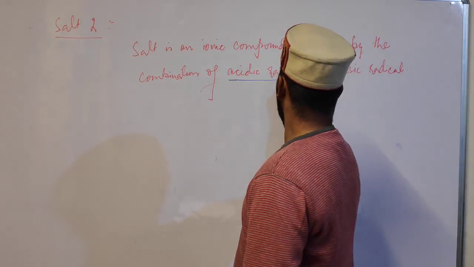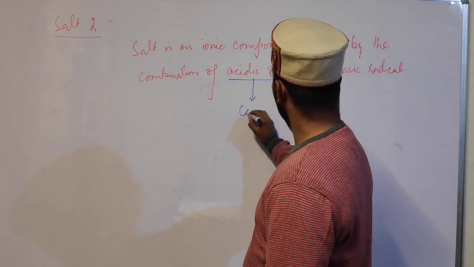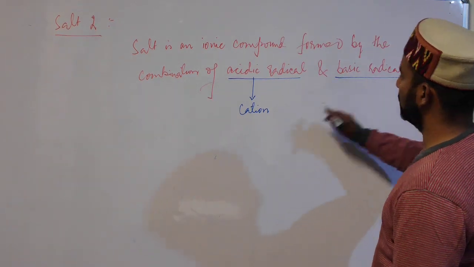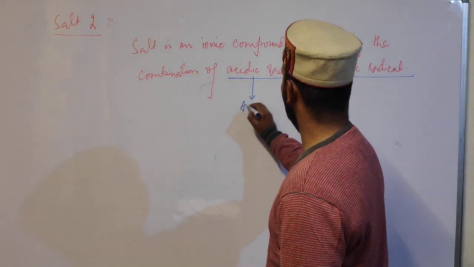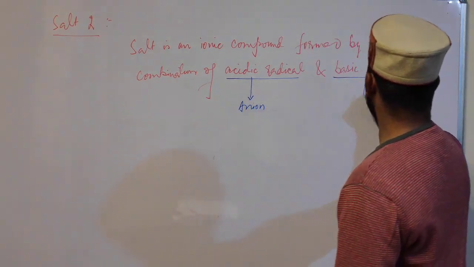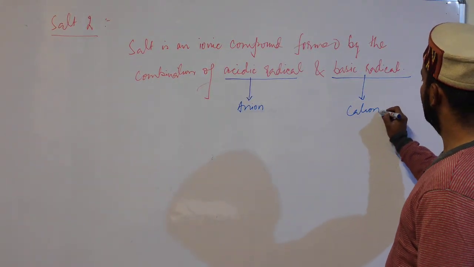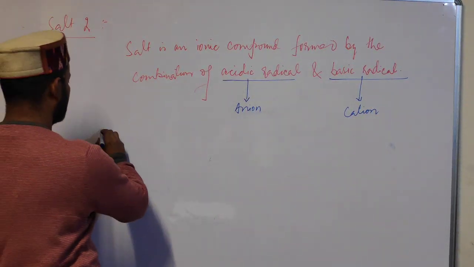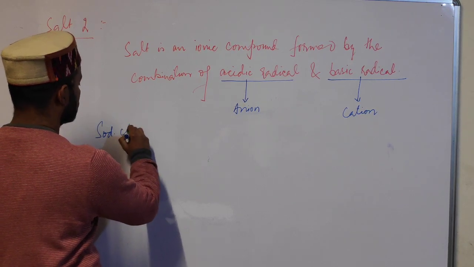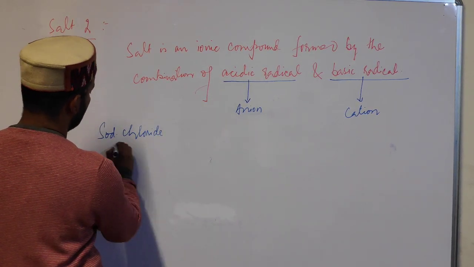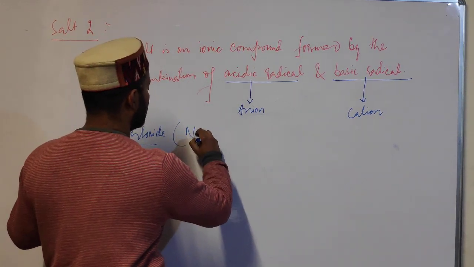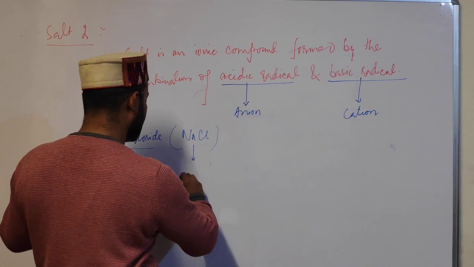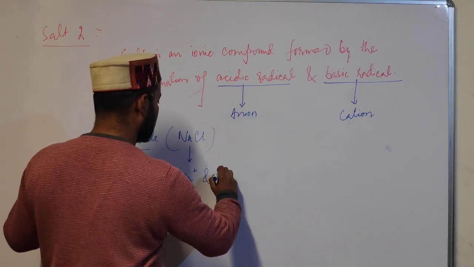Now students, the acidic radical is the anionic part of the salt. Acidic radical is the anion, and basic radical is the cation part. For example, students, say we have the salt sodium chloride. Chemically it is sodium chloride, and it has 2 radicals, sodium and chloride.